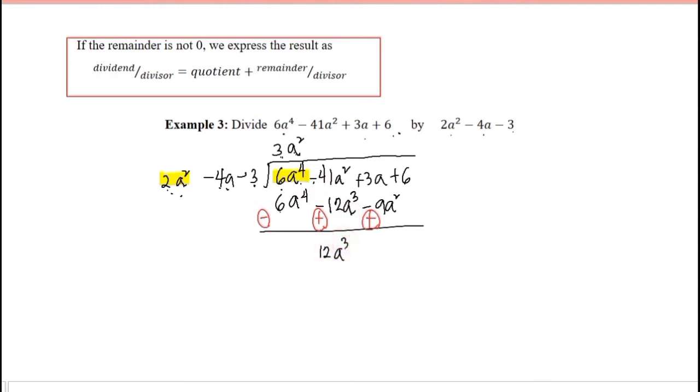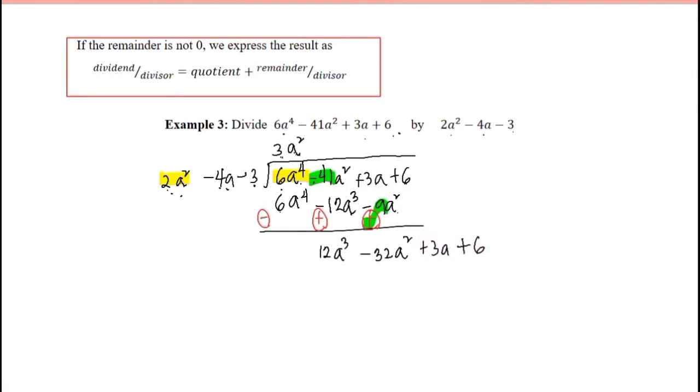For the a squared, may a squared ka doon, may a squared ka doon. So sila yung pagsasamahin natin. That would be negative 41 plus 9. So we have negative 32a squared. And then, i-bring down natin to yung ibang term na natira. We have the 3a and the 6.